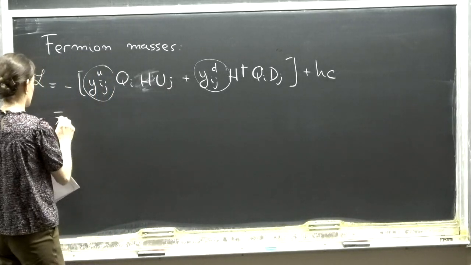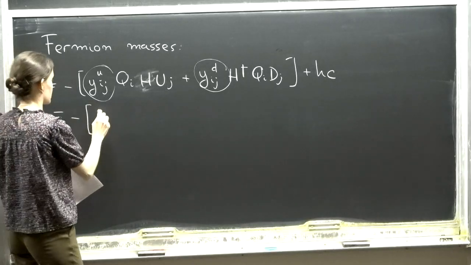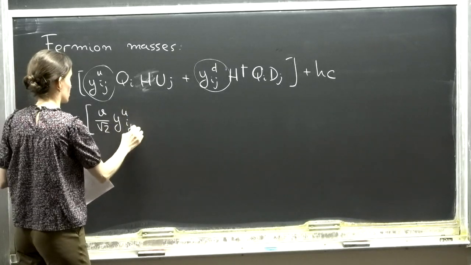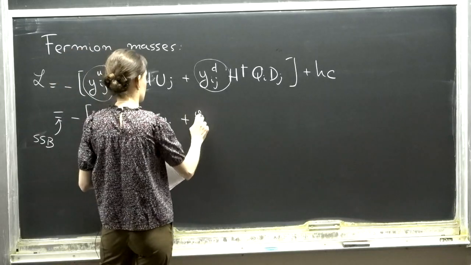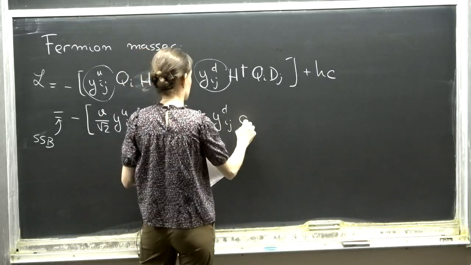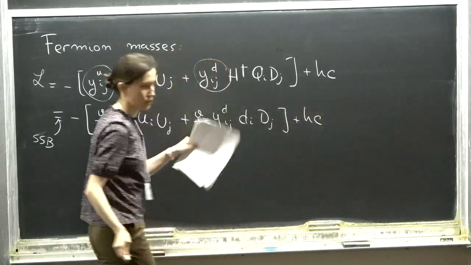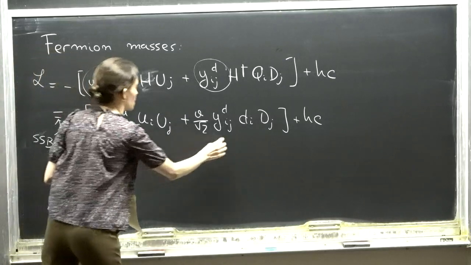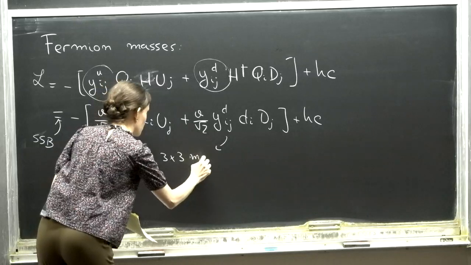After spontaneous symmetry breaking, the Higgs gets a vacuum expectation value, and these terms are just masses for the up quark as well as the down quark fermions. And obviously the same type of interactions are also true for leptons. So in general, these are just two 3×3 matrices.